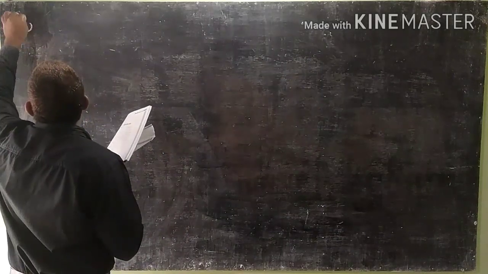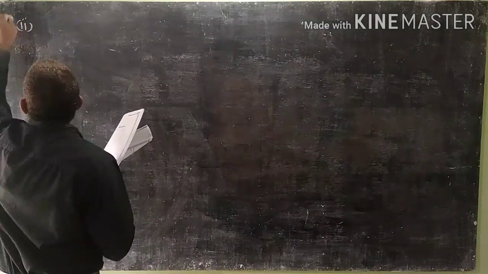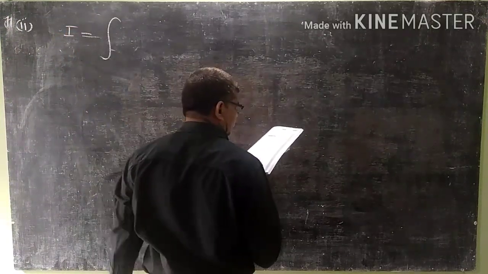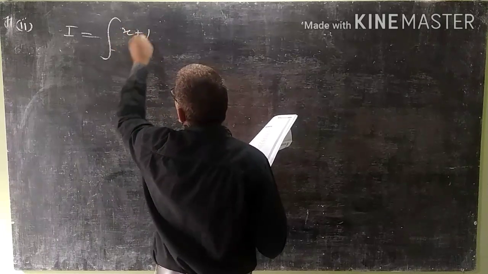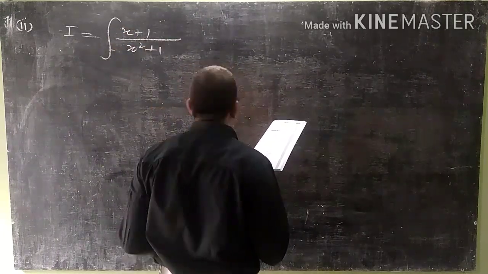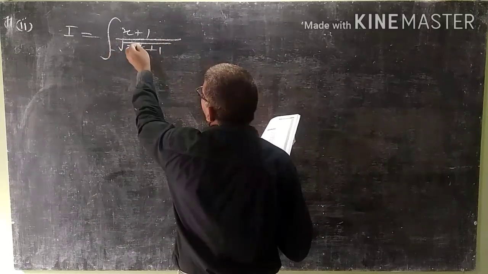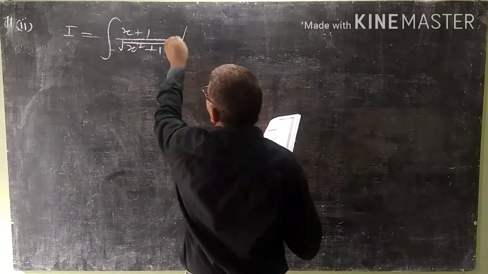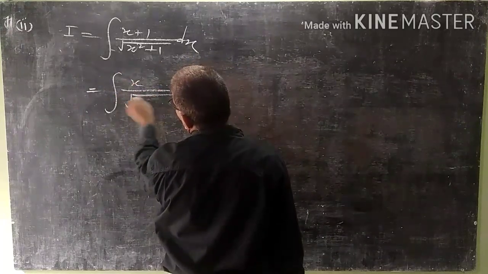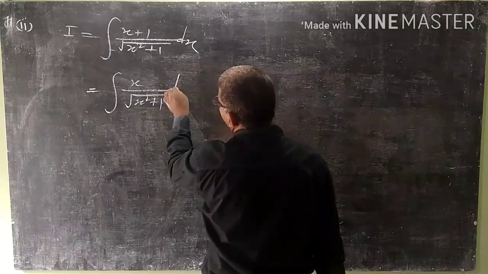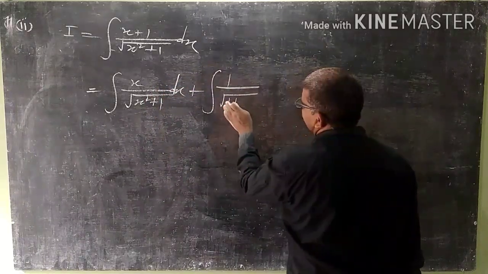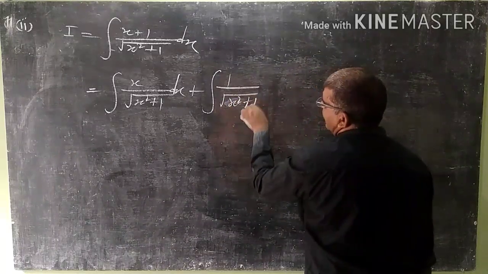Second part of 11. I equals integration of (x plus 1) upon under root (x square plus 1) dx. Now it can be written as x upon under root (x square plus 1) dx, you know it very well, plus 1 upon under root (1 plus x square) dx.